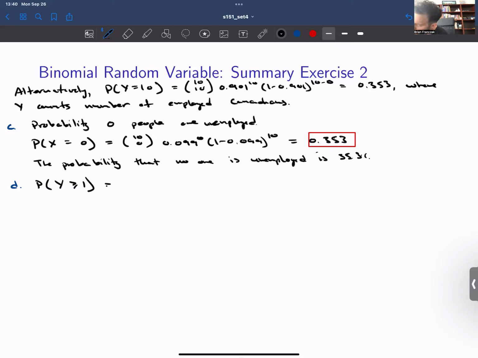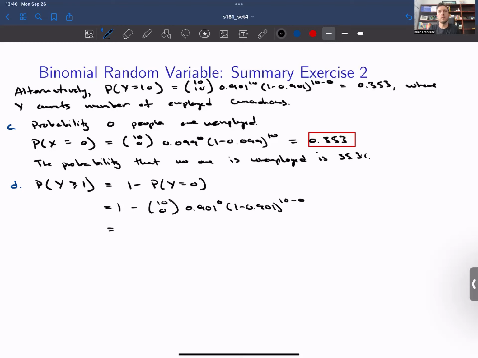This is going to be 1 minus the probability that Y is equal to 0. So now we have 1 minus 10 choose 0, times 0.901 to the 0, times 1 minus 0.901 to the 10 minus 0.